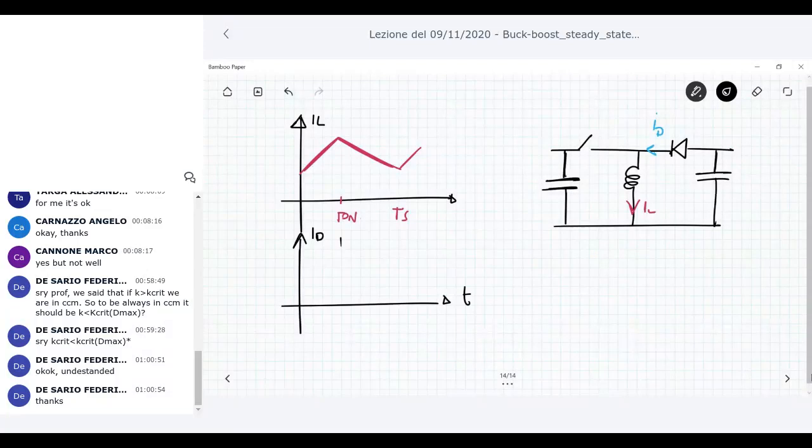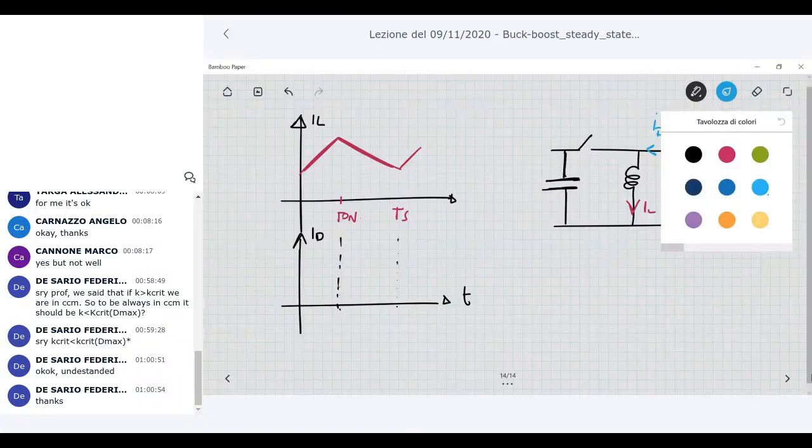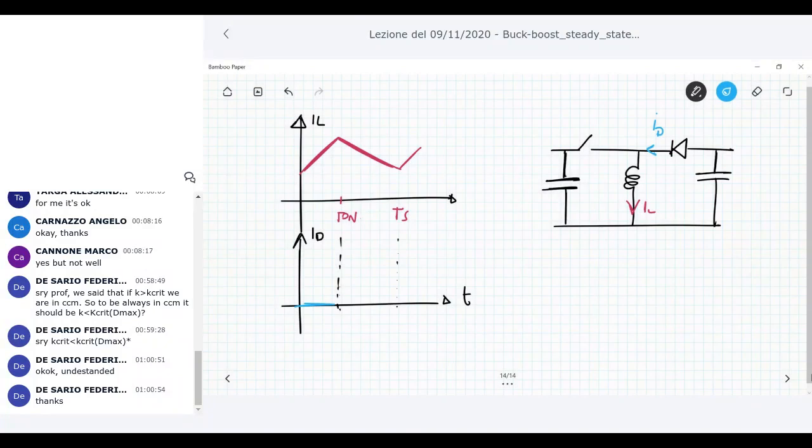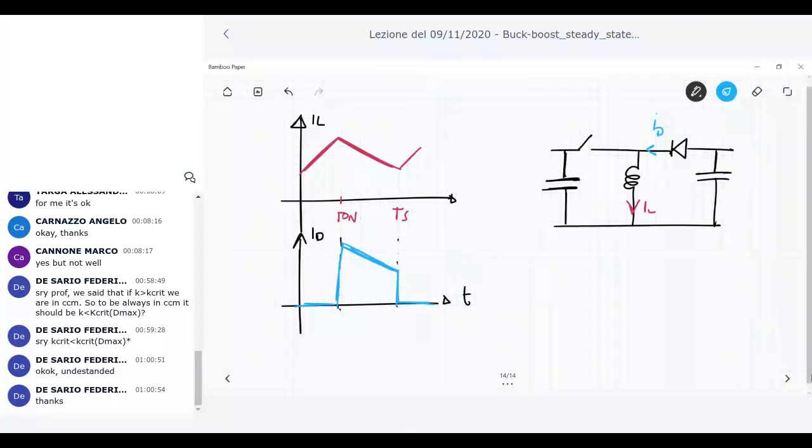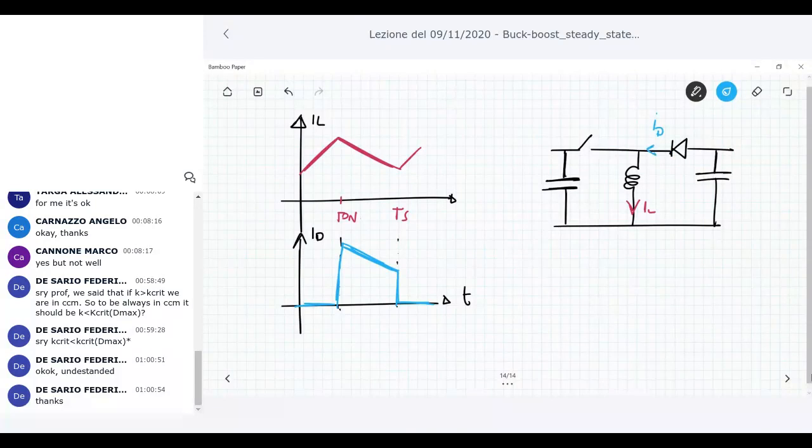The switch is off during T off, between T on and Ts, so the current is this one. It's the same current you have in the inductor, but only when the diode is on. When the diode is on, you are during T off. This is the diode current.